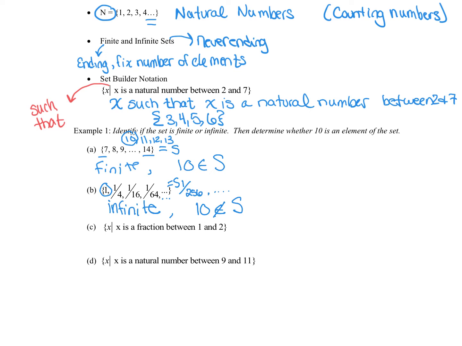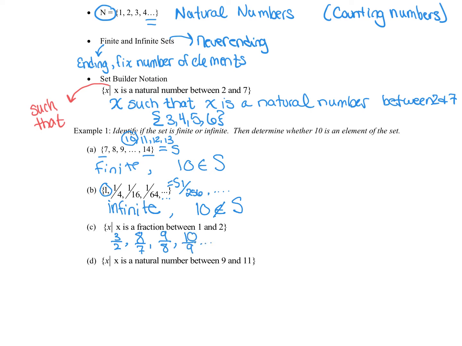The next one says x such that x is a fraction between 1 and 2. So if I want to write something that is in there, let's see, a fraction between 1 and 2. 3 halves is in there. 8 sevenths. 9 eighths. 10 ninths.